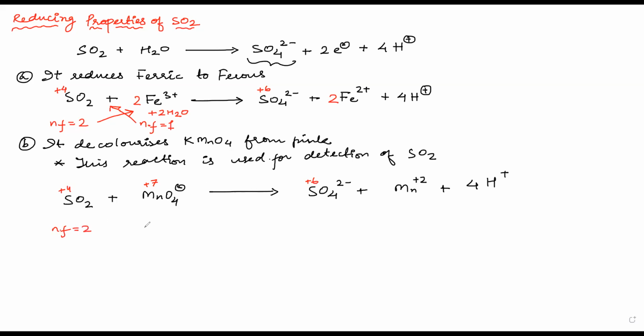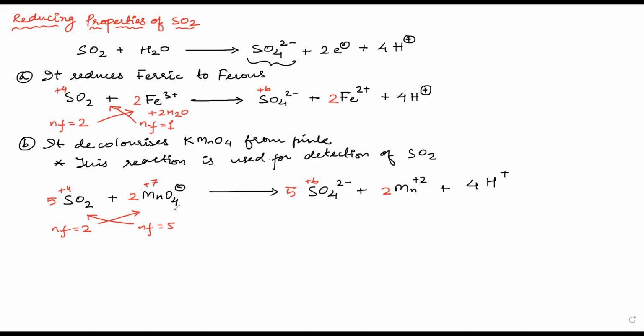For manganese, plus 7 to plus 2, the change is 5. So n factor is equal to 5. Now put 2 there and 5 here. If there are 2 manganese here, there will be 2 manganese here also, and we can write 5 SO4 2 negative.